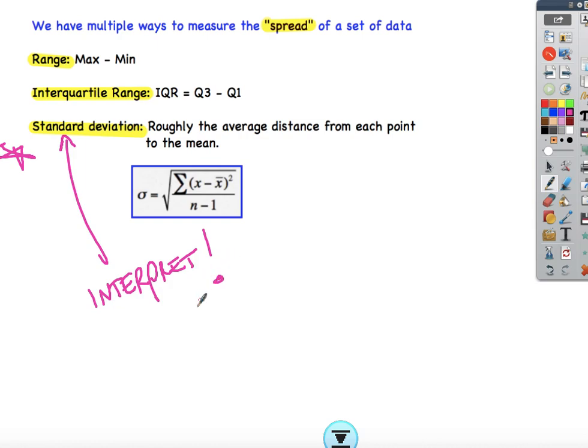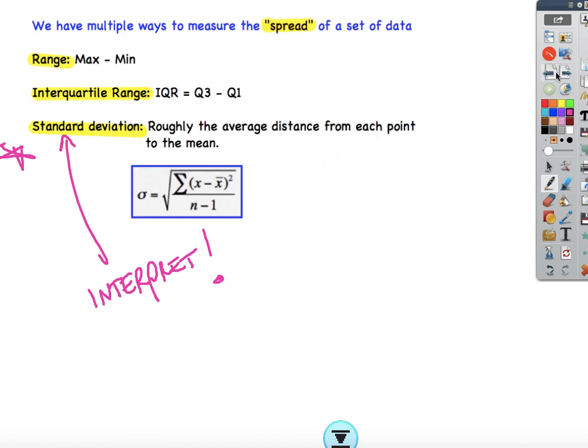So you really have to know your stats to explain what a standard deviation is. And I'm thinking that that is the kind of stuff that's going to come up on the AP test. So here is what standard deviation is. It's roughly the average distance from each point to the mean.